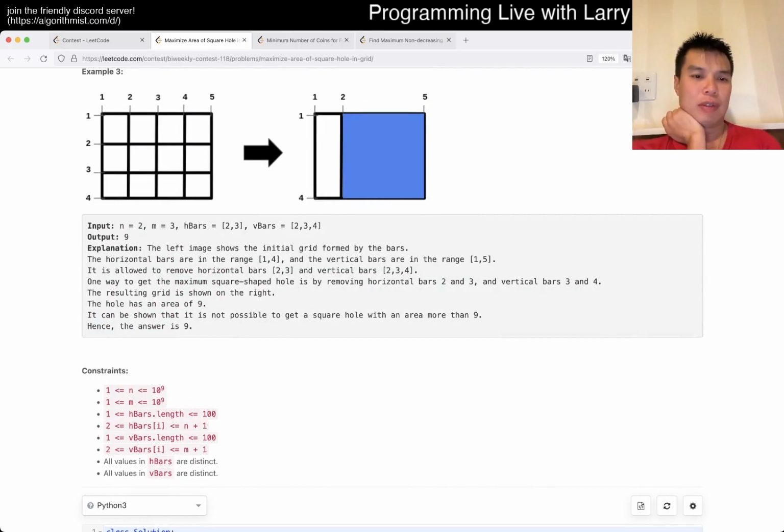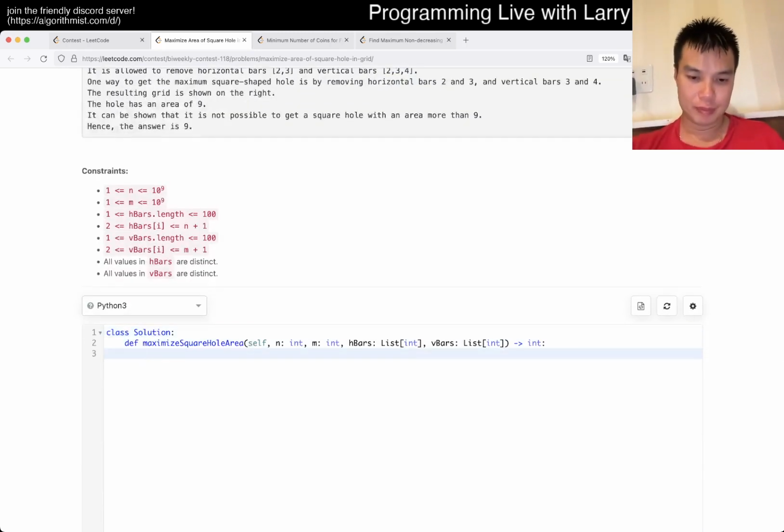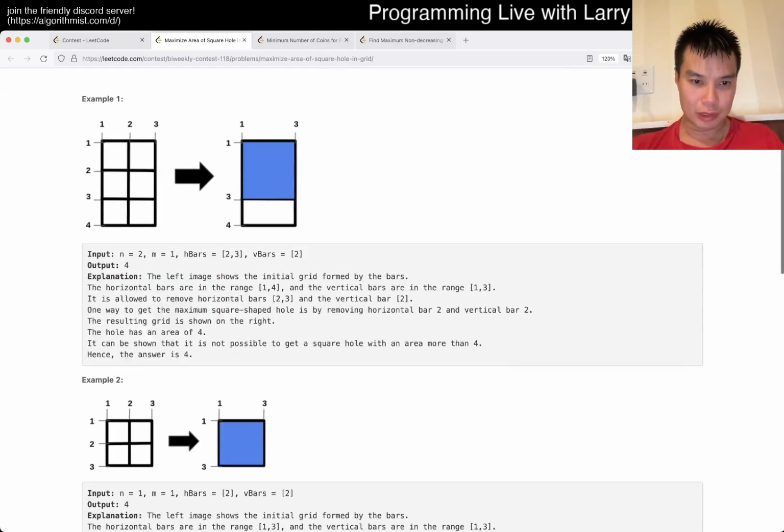Oh no, they don't have to be the same numbers, right? Okay, I see. Are they sorted?